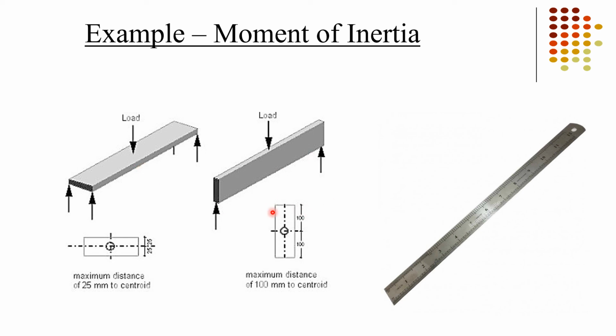And if you put the scale in this way, vertical side, and then you will apply the load, then you will see that there will be less deflection, or you will see negligible deflection. Why? Because the edge or the height property matters a lot in the design of beam.